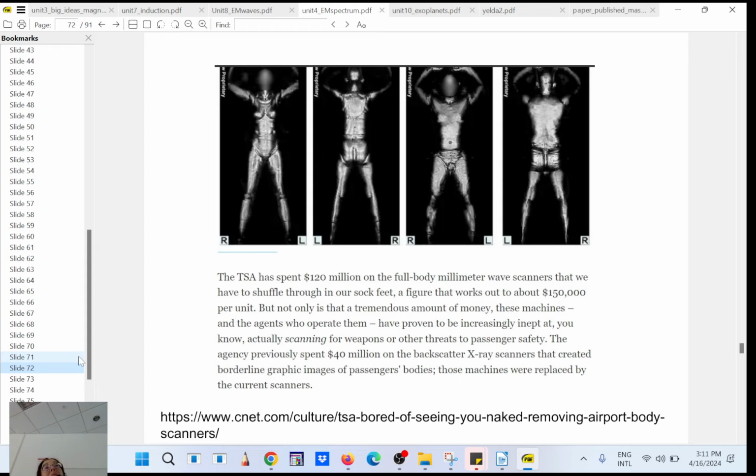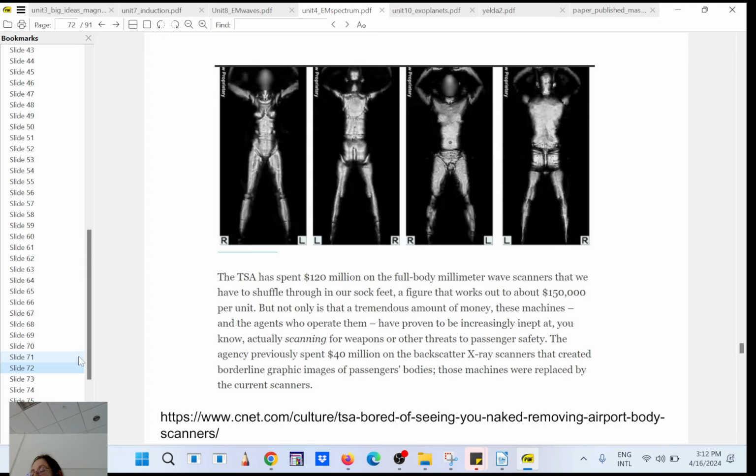Before boarding a plane, you would have to go through X-ray scanners. But those X-ray scanners, as you can see, were very revealing. So there was a whole discussion about that. Maybe it was distracting the security agents a little bit too much. That was in 2010.